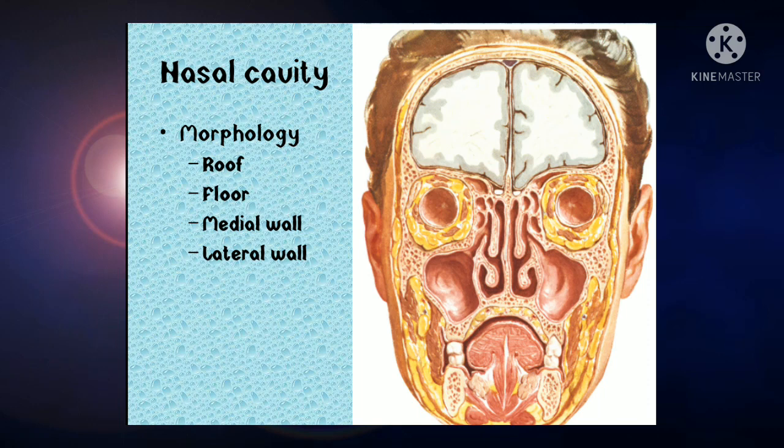The nasal cavity extends from the external nares or the nostrils to the posterior nasal aperture and is subdivided into right and left halves by the nasal septum. Each half has a roof, a floor, and medial and lateral walls.